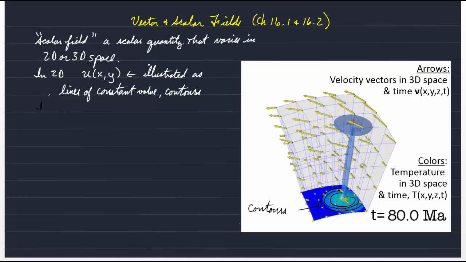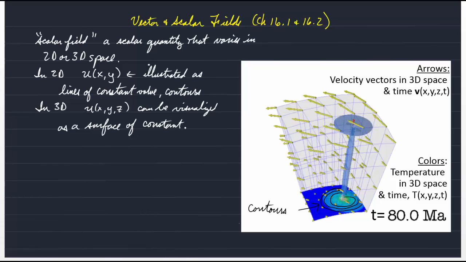And then in 3D, U would vary with X, Y, and Z, and can be visualized as a surface of constant value. Again, the surface we looked at here was this isosurface, which is a surface of constant value. So that's a scalar field.